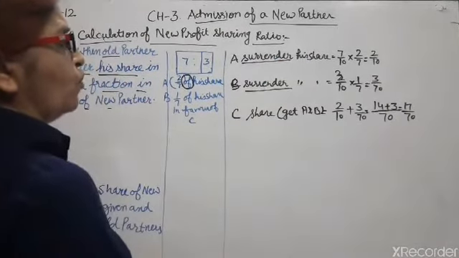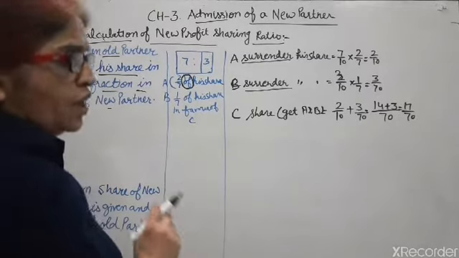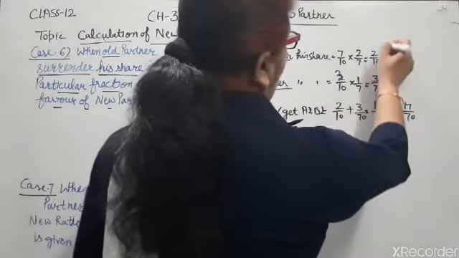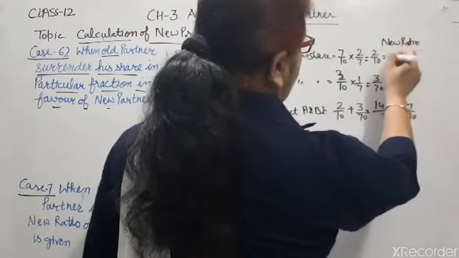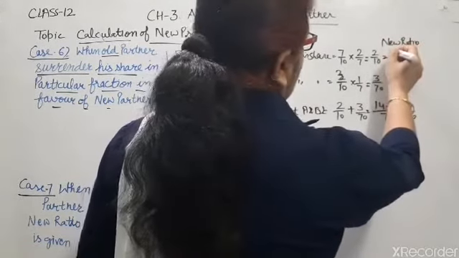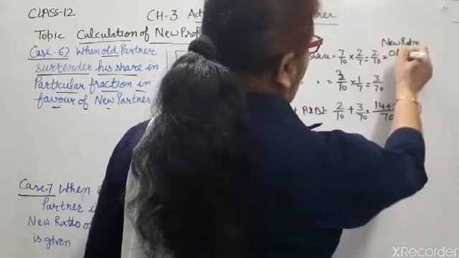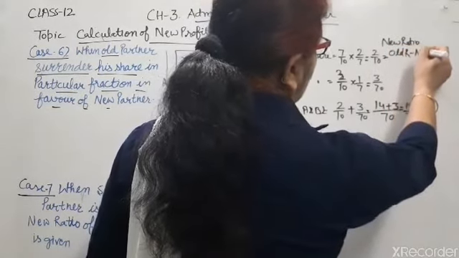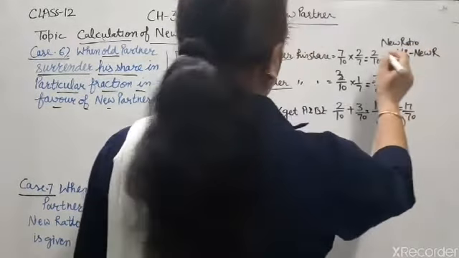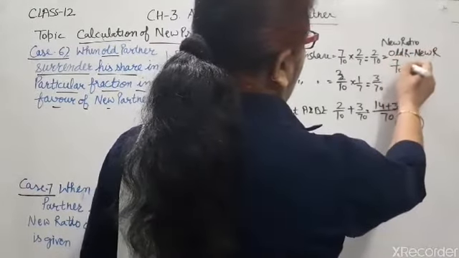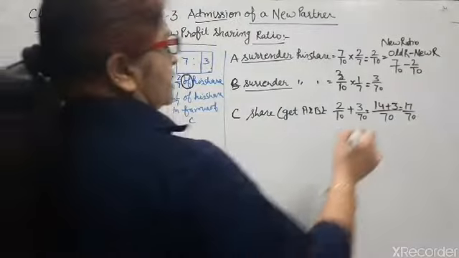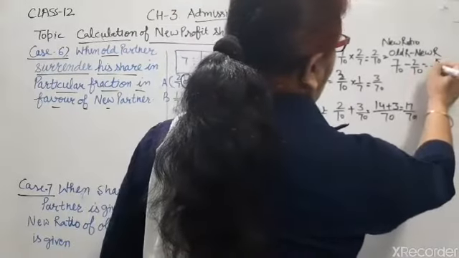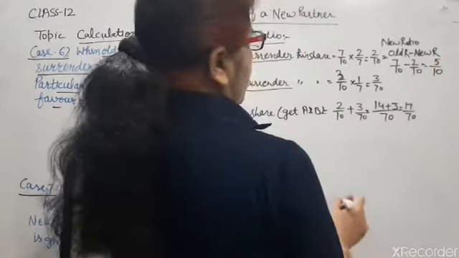But we want to find the new ratio of A and B. How can we find the new ratio? That is old ratio minus sacrifice. A's old ratio is 7/10 and he sacrificed 2/10, so his share becomes 5/10.